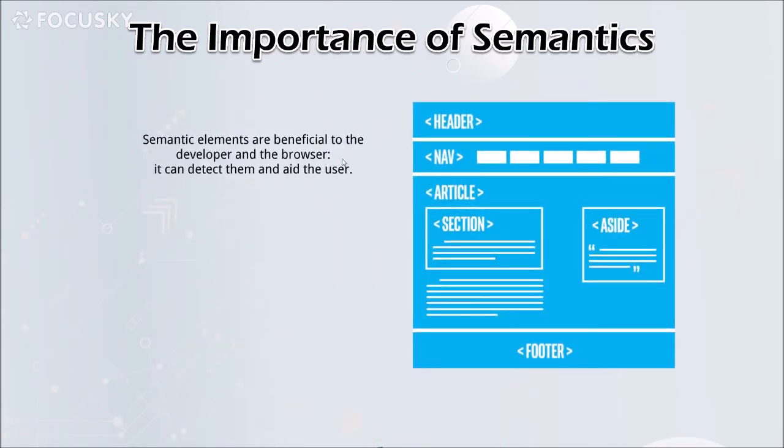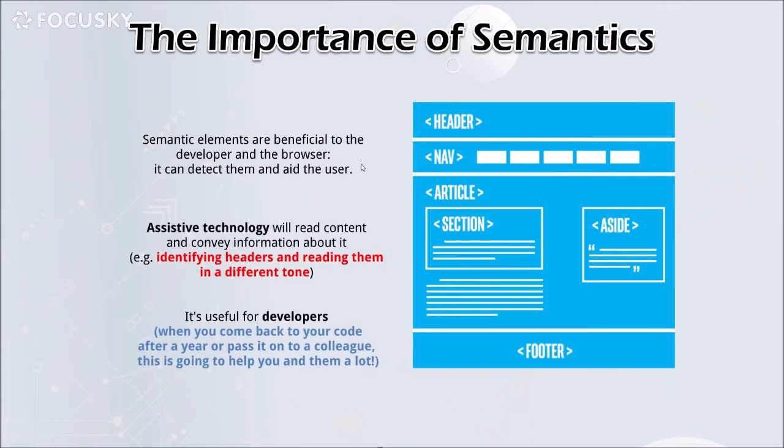Semantic elements are beneficial to both the developer and the browser. The browser can detect them and aid the user. You can see the difference between a header, a navigation bar, an article, a footer, and aside, something which is separate from the main article section.